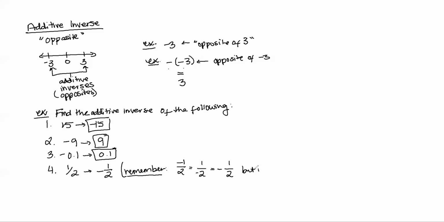But we can't write this as (-1)/(-2). Like we'll see soon, negative over a negative makes a positive, so this would not be a negative fraction. And then finally, the additive inverse of 0, we don't really have -0, so this is just 0.